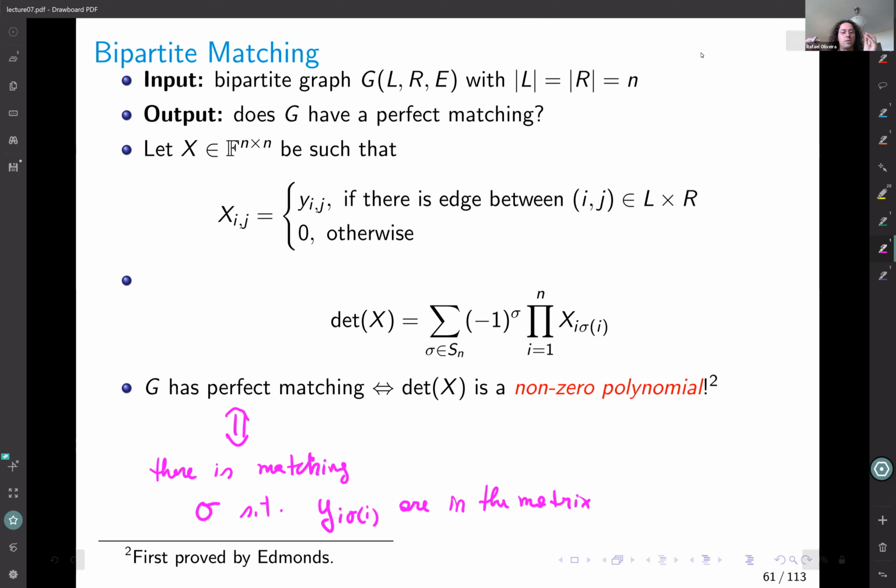If all these entries are the entries of the matrix, then what happens is that the monomial, right?